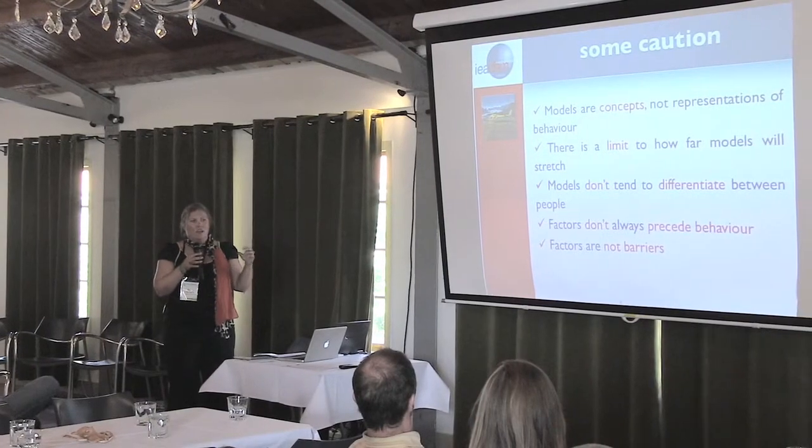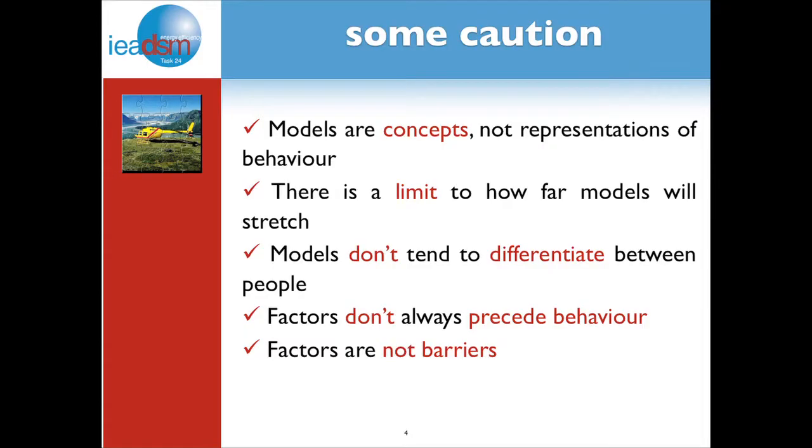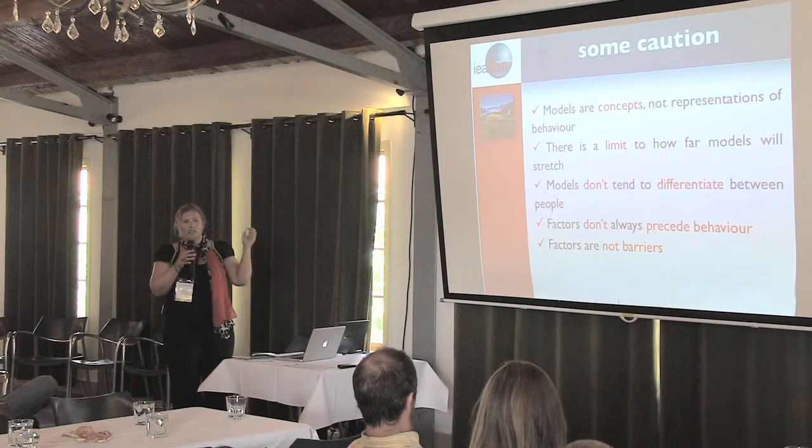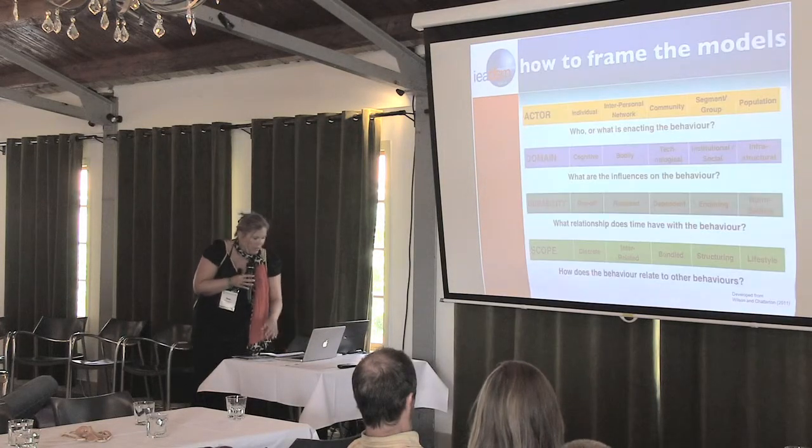So there's a total limit to how far models will stretch, and they usually don't differentiate between people. They usually go for the usual human being. A lot of models have factors, but factors don't always precede behavior. Sometimes we just behave and it changes the context of what we're doing. And factors are not always barriers. With factors, we mean contexts, the things that influence the behavior. They're not always barriers, they can be drivers as well.